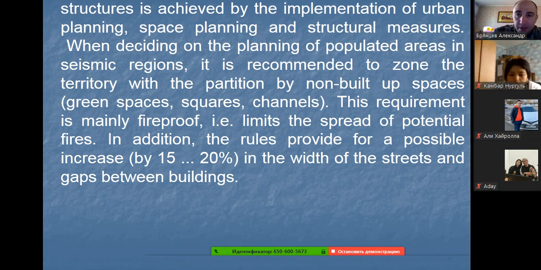When designing the planning of populated areas in the seismic regions, it's recommended to zone the territory with partitions by non-built up space, green space, squares, channels. This requirement is mainly fireproof, it limits the spread of potential fires, and additional rules provide a possible increase of up to 20% in the width of streets and gaps between the buildings.